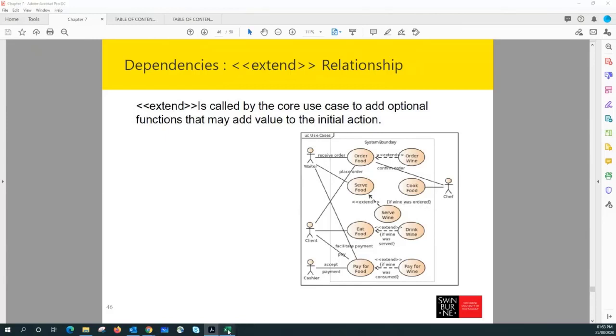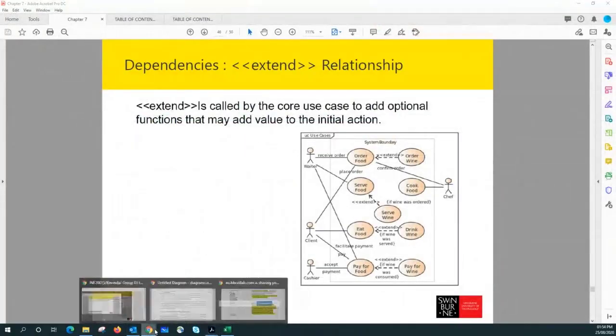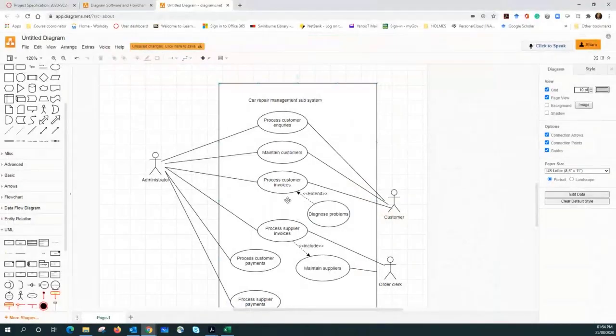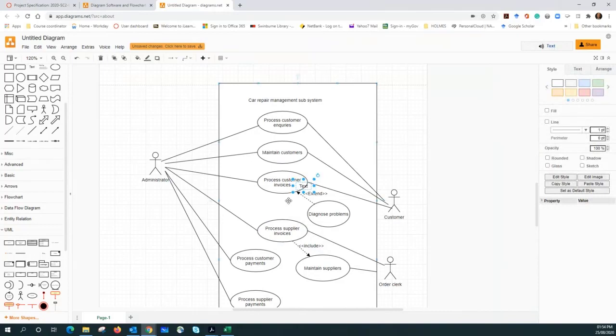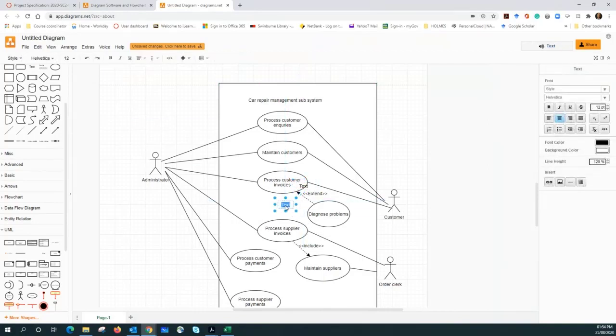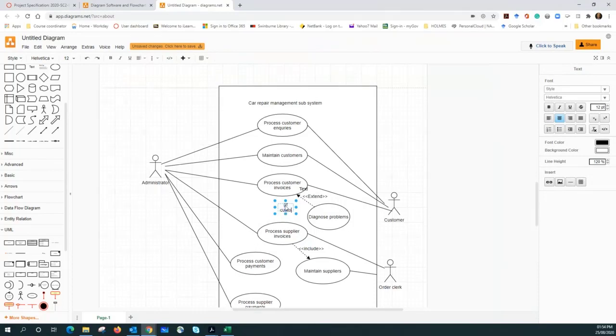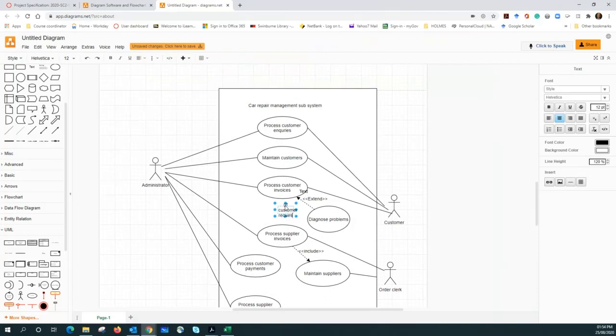Okay. So maybe we can put this kind of condition in this diagram, saying, okay, if the customer requires, they can see the problem of their vehicle, right? So I can put the condition here. So let's put the condition: if customer requested.